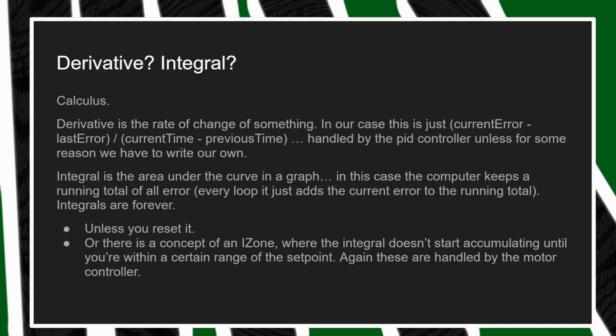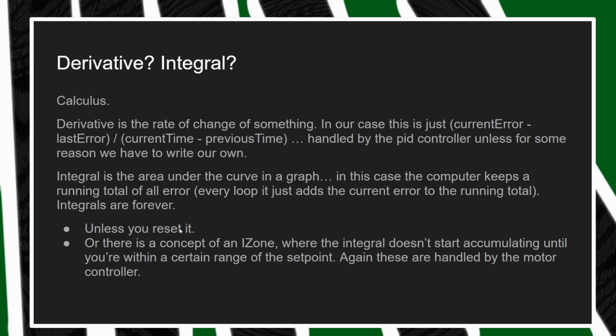So derivative is the rate of change of something, like an instantaneous, how fast is this accelerating, or how fast the robot is moving. Integral is the area under the curve of a graph. In this case, the computer keeps a running total of the error. Every loop that the PID loop runs, it just keeps accumulating the error by adding it to a running total.